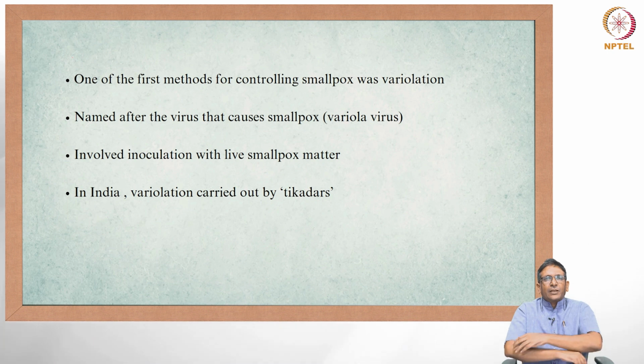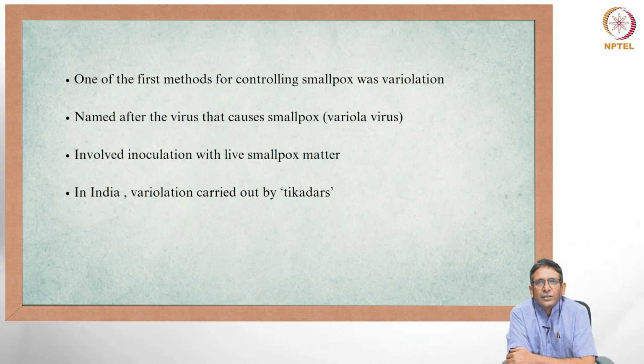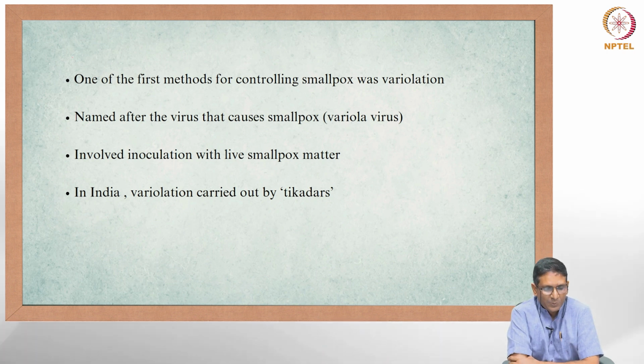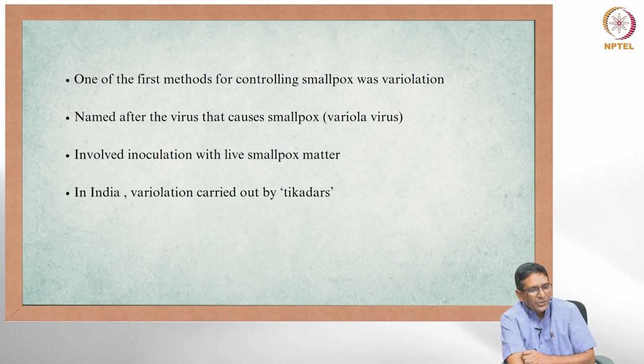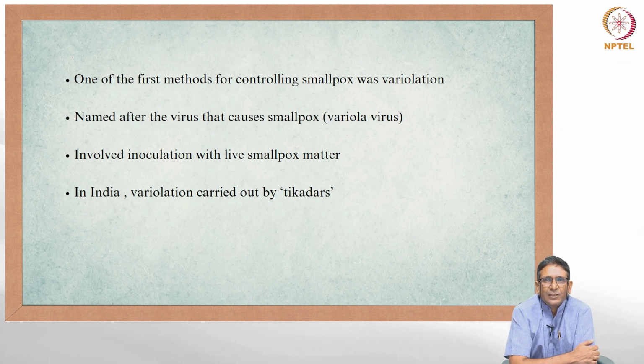One of the earliest methods of controlling this disease was variolation. The name comes from the virus that actually caused the disease, which is the variola virus. What this procedure basically involved is the inoculation into the body of live smallpox matter.